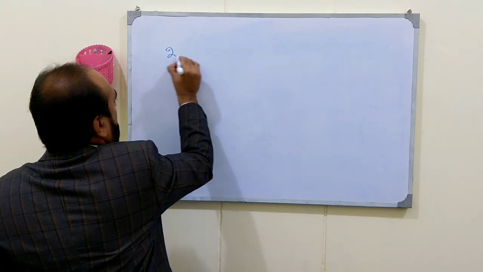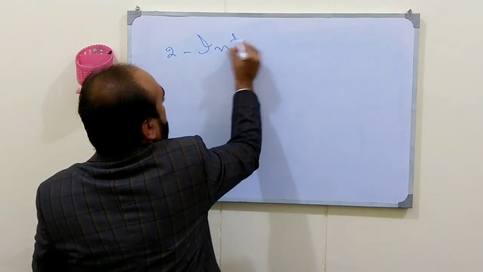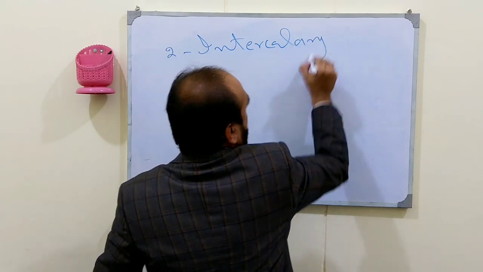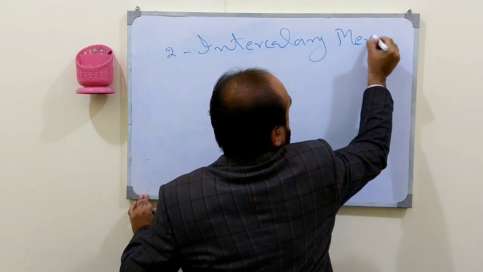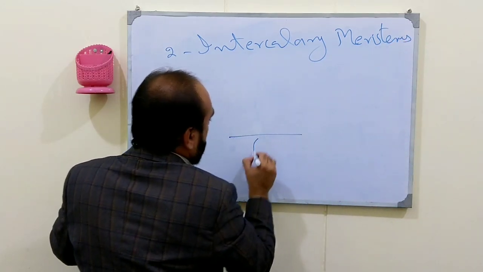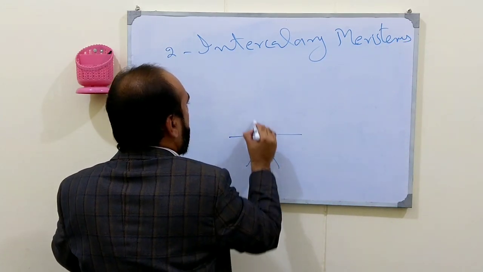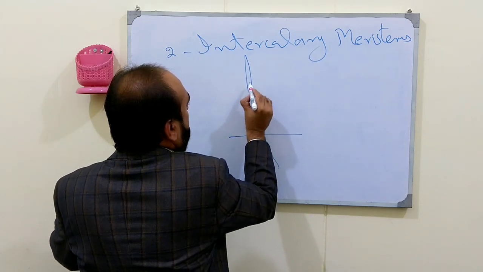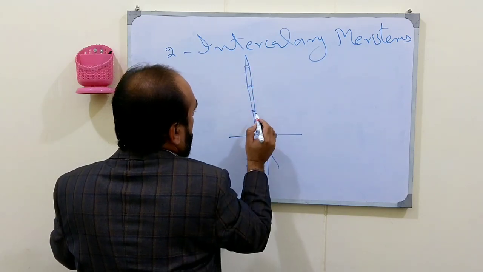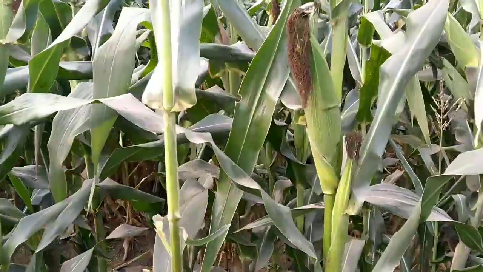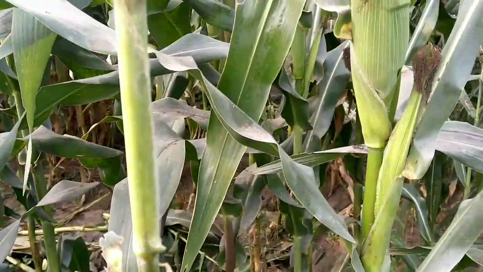Second type is intercalary meristems. Intercalary meristems are located at the base of nodes and internodes.